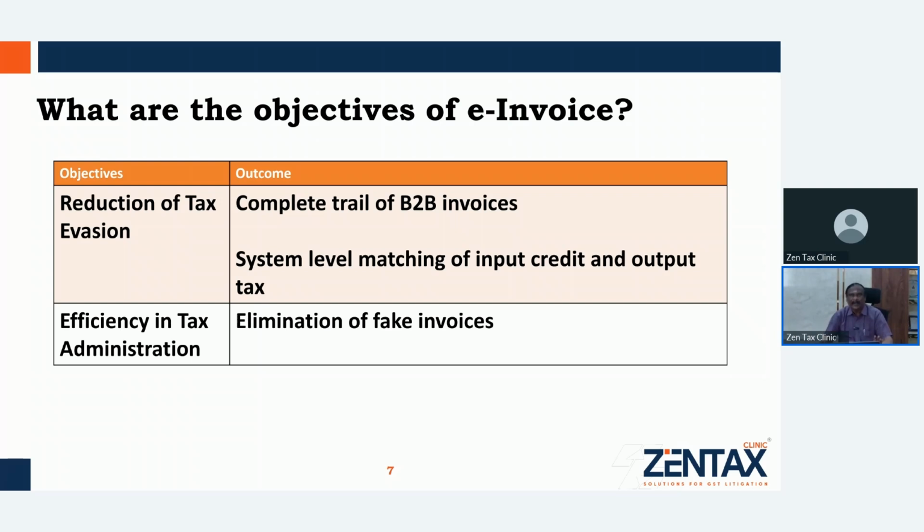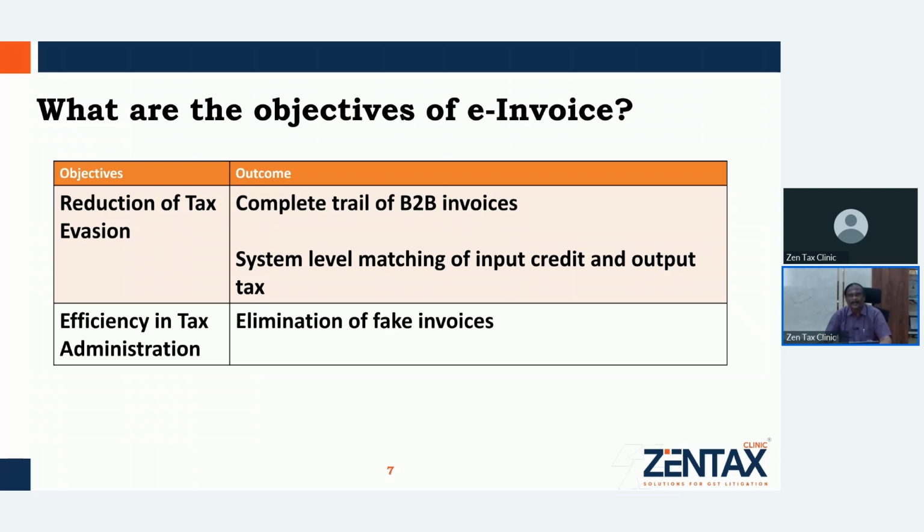As soon as you are generating the e-invoice from the e-invoice portal, that data gets to the department, and they are aware of the fact that a transaction has happened. So there is a trail for the B2B invoices through this e-invoice system. Efficiency in tax administration. See, the fake invoice is one of the important problems faced in the GST era.